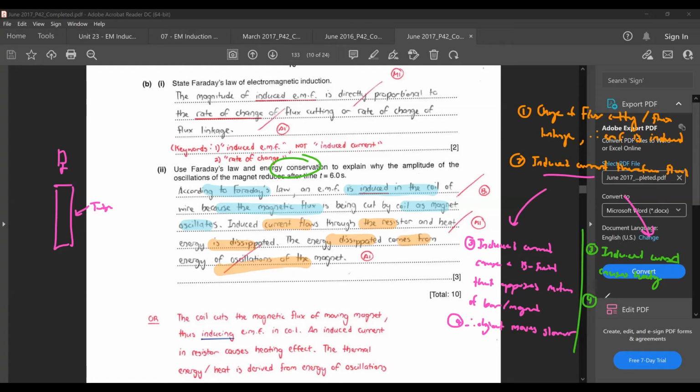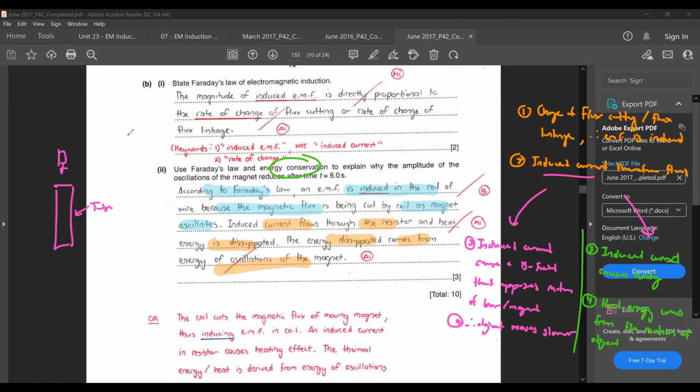So the heat energy comes from the motion of the object itself, which can be an oscillating magnet, which could be a falling magnet.